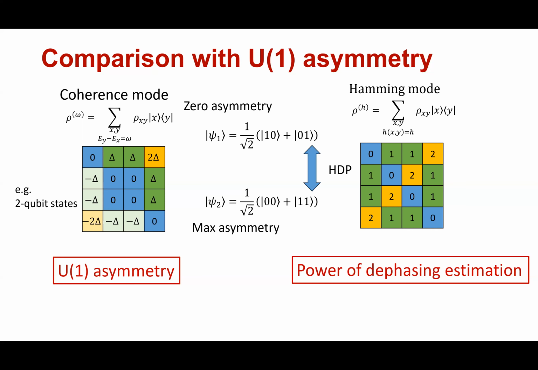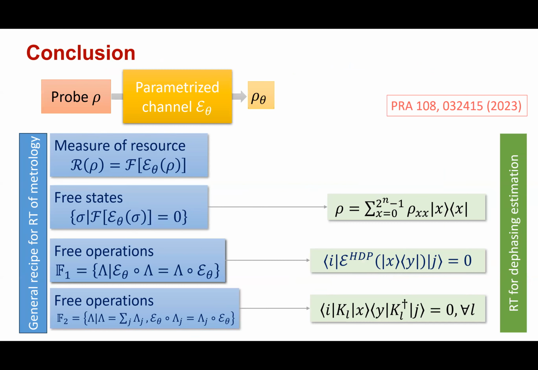However, we can transfer between these two states using free states in our resource theory, which means the two resource theories are very different. They are very incompatible. So here comes the conclusion. We build a general recipe for a resource theory of metrology, and we apply it to the resource theory for dephasing estimation. So that's all. Thank you.